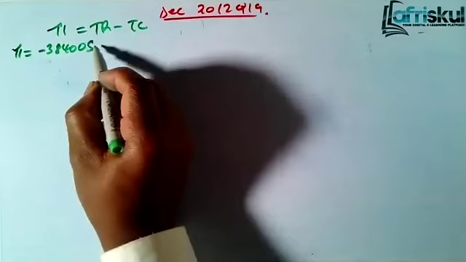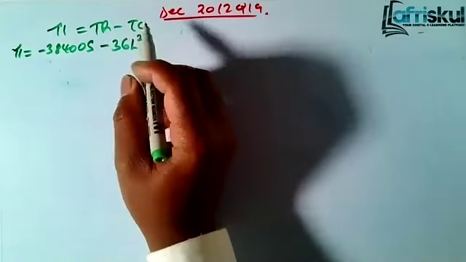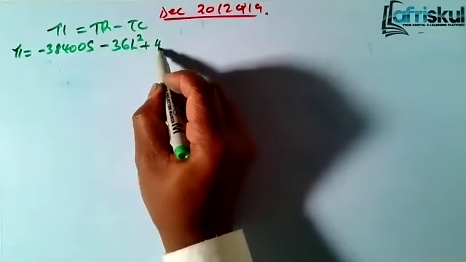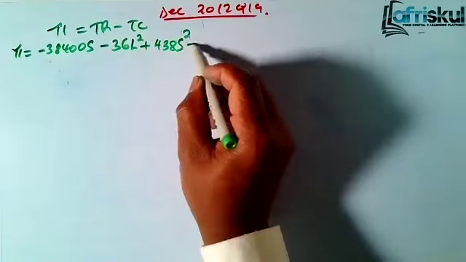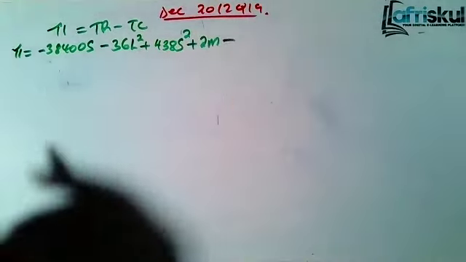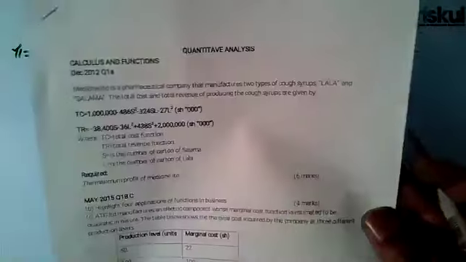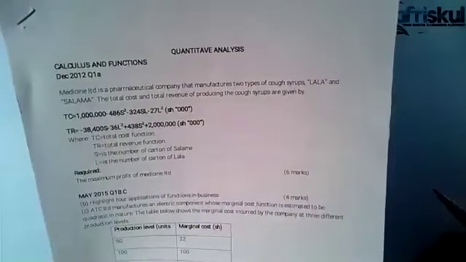38,400S minus 36L squared plus 438S squared plus the 2 million, minus, so you see the total cost. I want to open the bracket directly, so I change the sign.